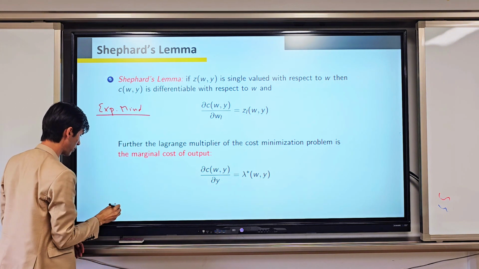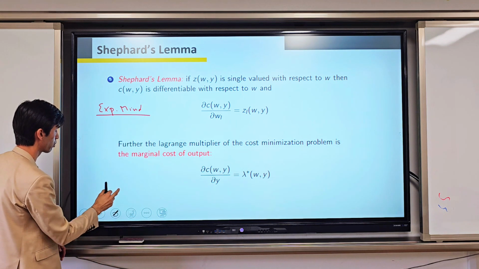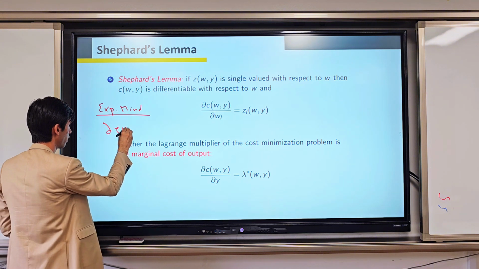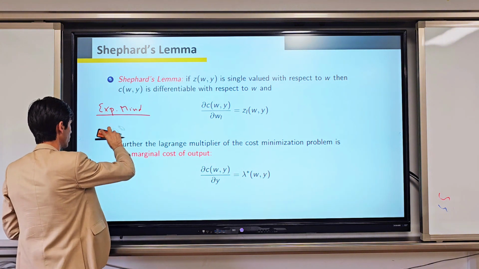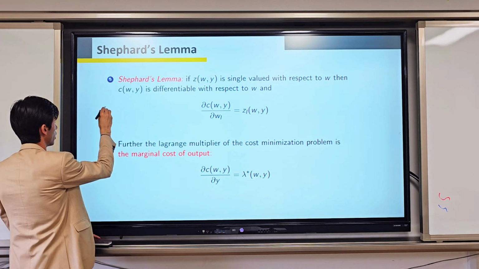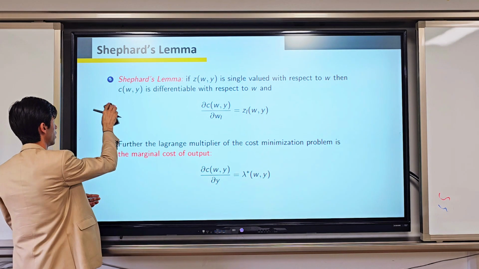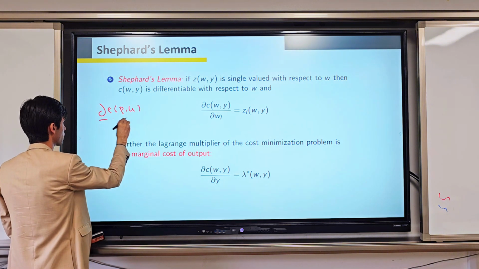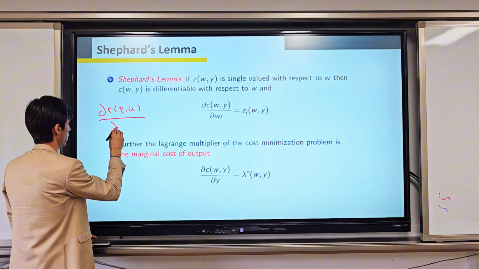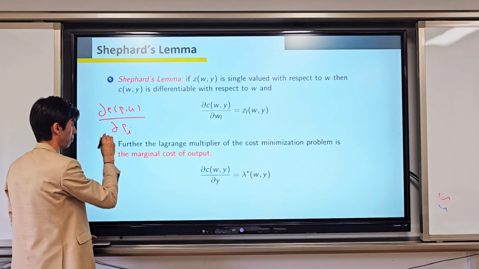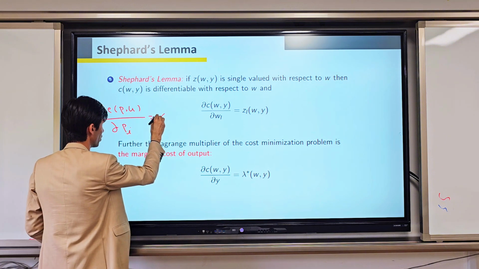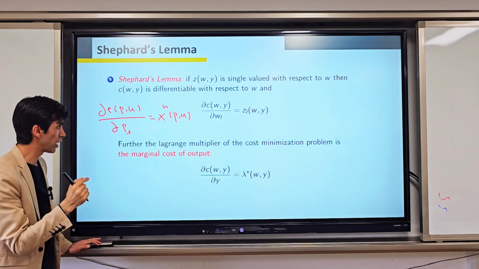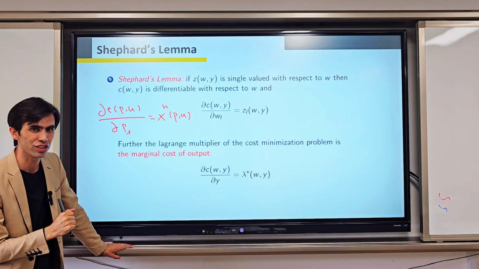In the expenditure minimization process, if we take the partial derivative of our expenditure function with respect to the price of a particular good, it would lead us to the Hicksian demand function as a function of P and U. So we have the similar Shephard lemma for the cost.